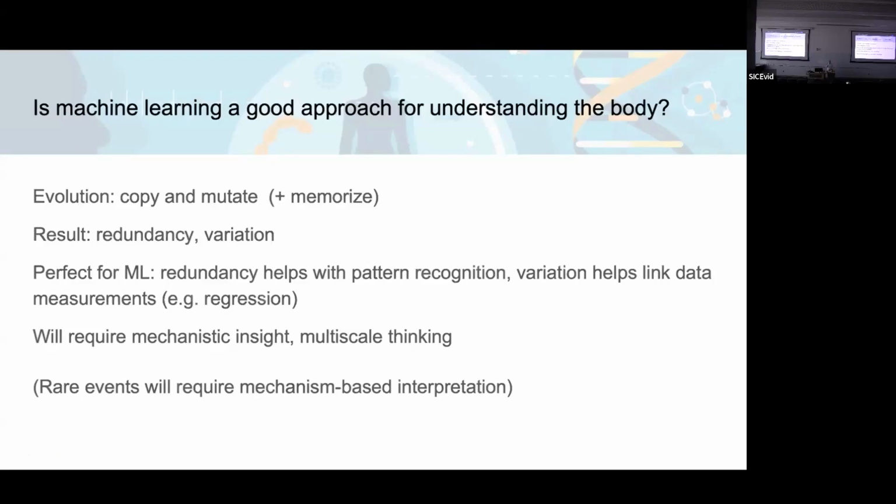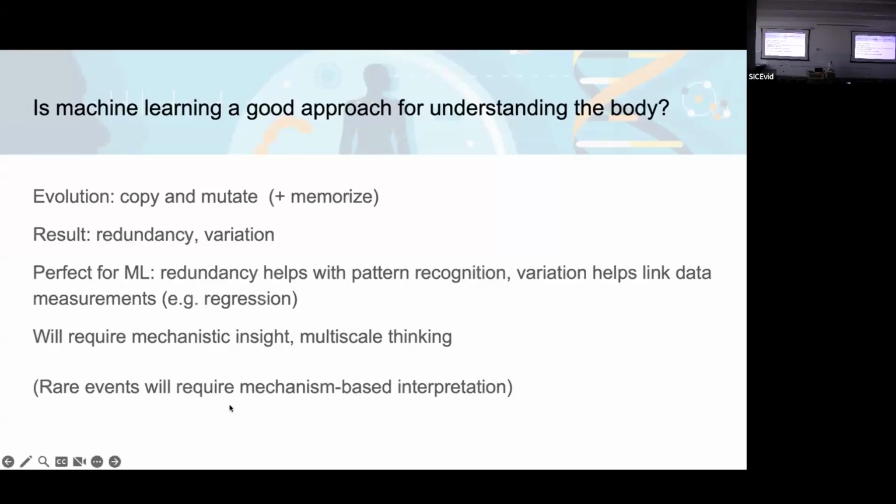So if you want to predict the consequence of a mutation in the population, somebody has a mutation, and there's one in a billion people who have that mutation. Well, we need to understand all the mechanisms that that mutation will affect to predict what its effect might be. We can't just give it to a black box that has never seen that mutation before. We might not be able to easily do that.